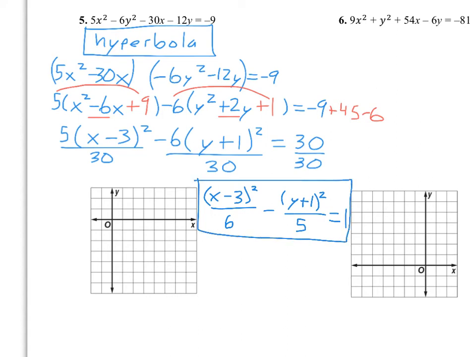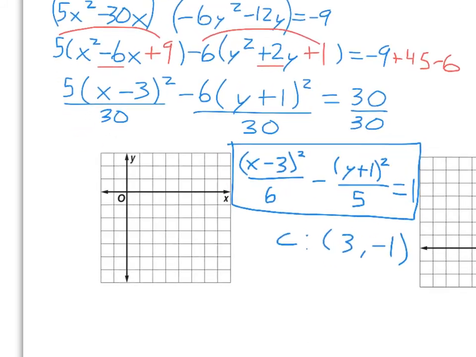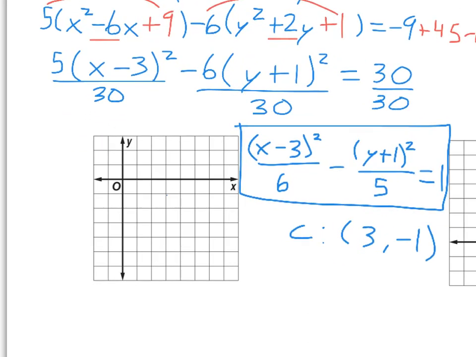Now we just need to graph it. So this hyperbola has a center at 3 comma negative 1. And now we have to do the square root of 6 and the square root of 5. So the square root of 6 and the square root of 5 are both bigger than 2, but they're smaller than 3. So for 6, I'm going to go left and right 2.5.